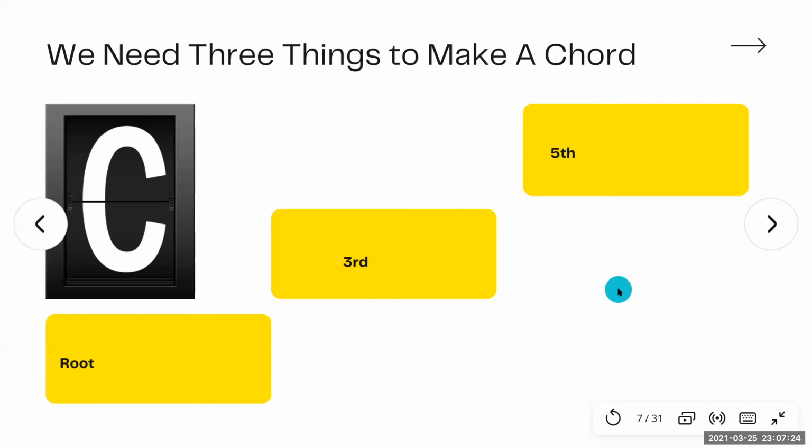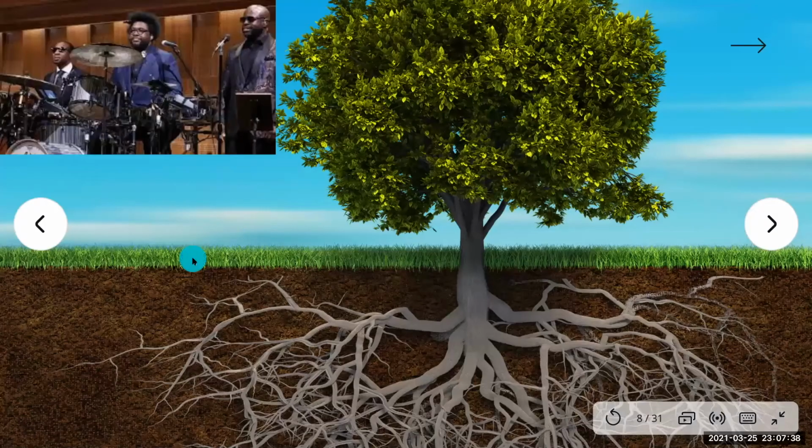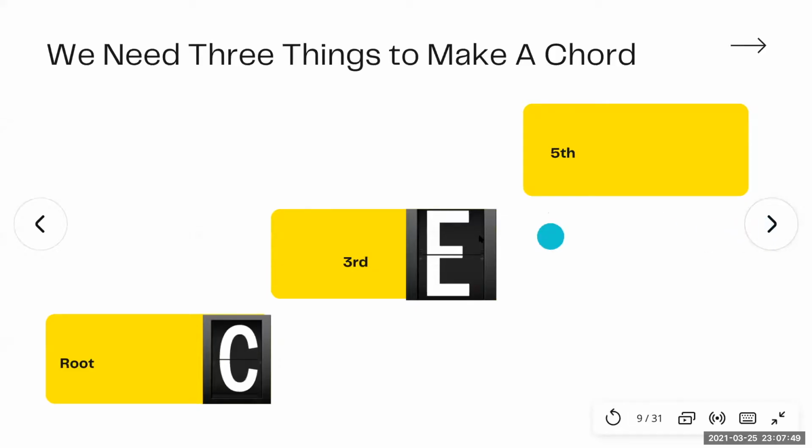We need three things to make a chord. First thing we need is the root. We're going to consider C, whatever key we're in, as the first position. Now, when we talk about roots, I'm not talking about that kind of roots, more like dirty roots. What do I mean?